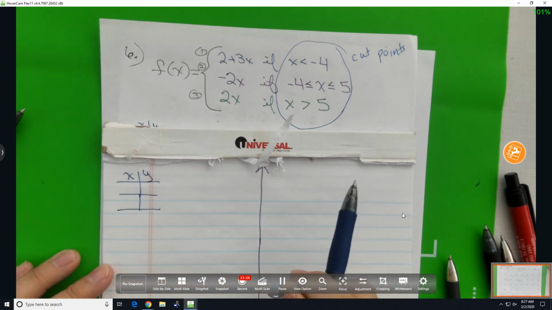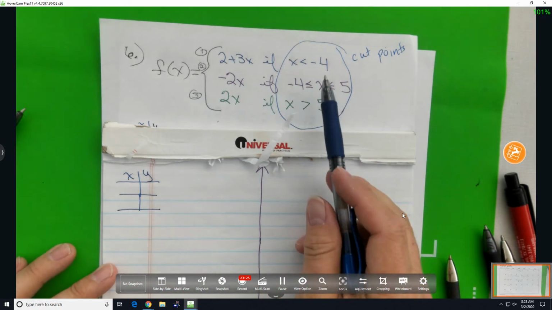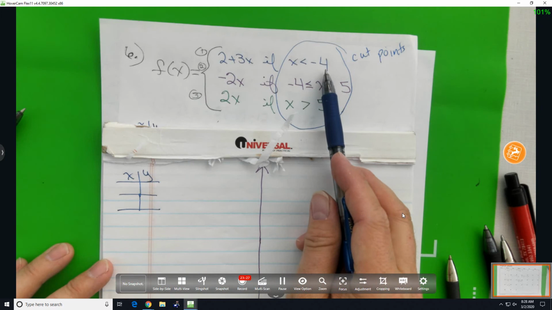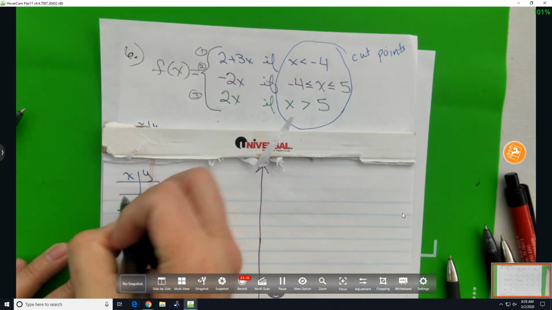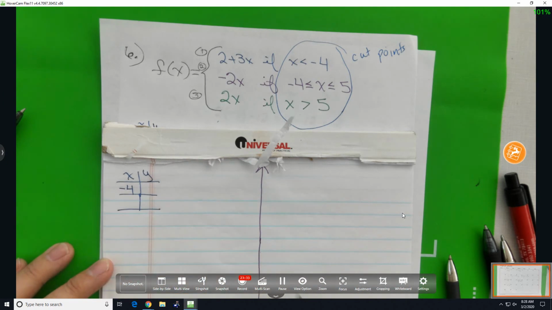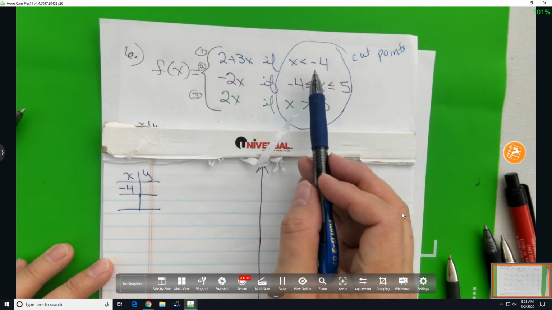The first number or numbers you must plug in are the cut points. The first number I have to plug in for x in this blue piece is -4. And you say, well, wait a minute. X can't equal -4. That's right. We'll discuss why we're doing that in a moment, okay?